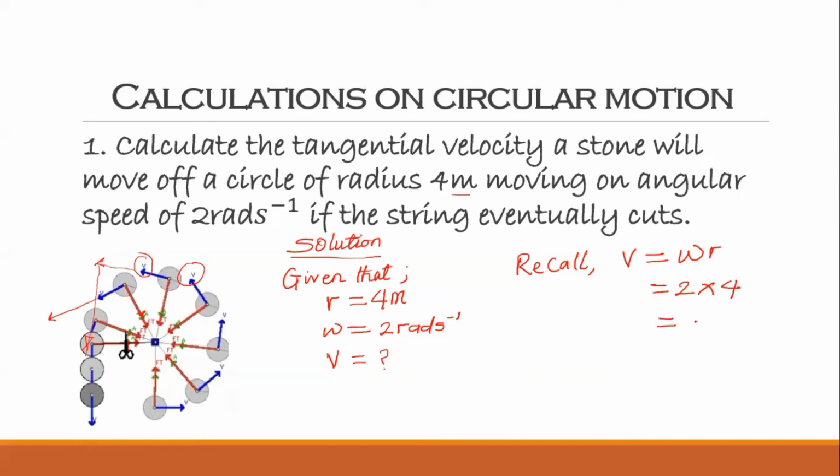That will give me 8 meters per second. So the tangential velocity with which this object will move, if it eventually cuts off the circular path, is 8 meters per second. I hope this is clear. So take note of this formula. So that is number one. It's as simple as this.